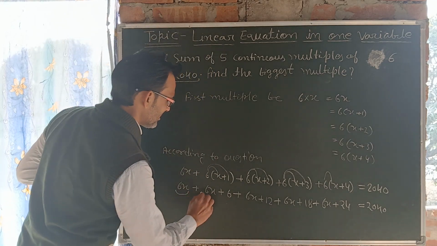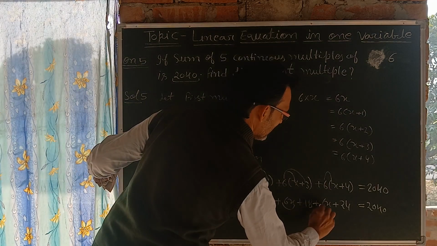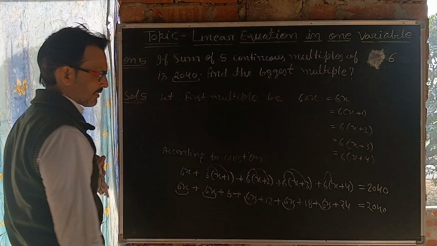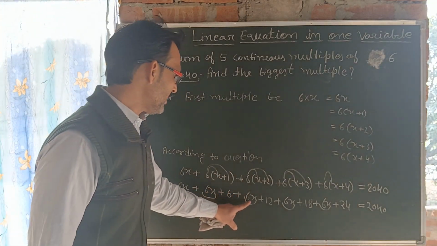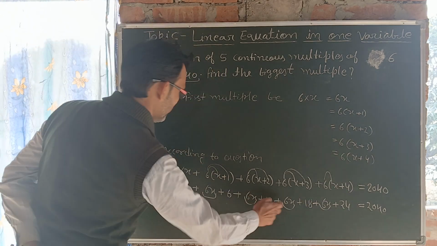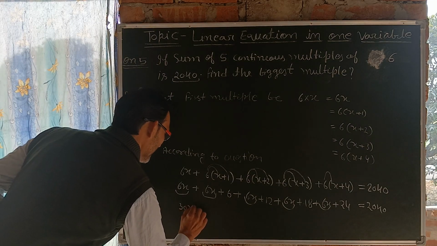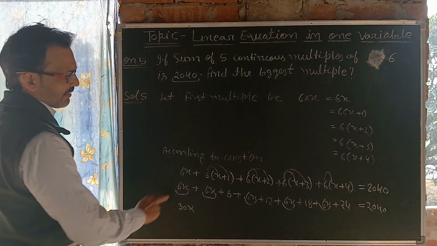Now I will add all the terms with variable x. This 6x, this 6x, this 6x, this 6x, and this. How many 6x are there? 1, 2, 3, 4, 5. 6 times 5 is 30, so 30x.